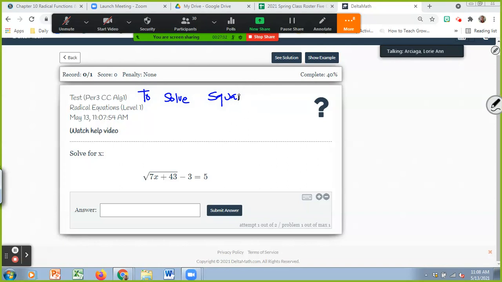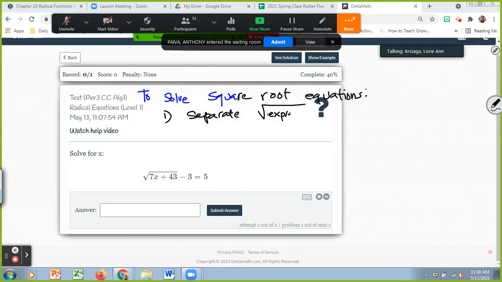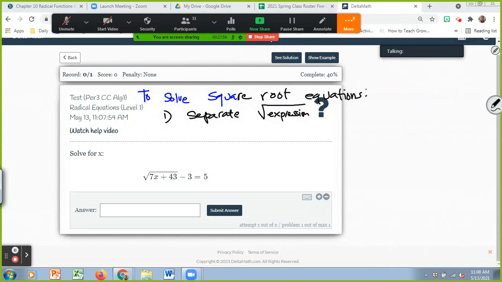Square root equations. Okay, so to solve square root equations, the first thing that we have to do is, number 1, you have to separate the radical sign. Yep, where you have an expression underneath it. Okay, so separate the expression.